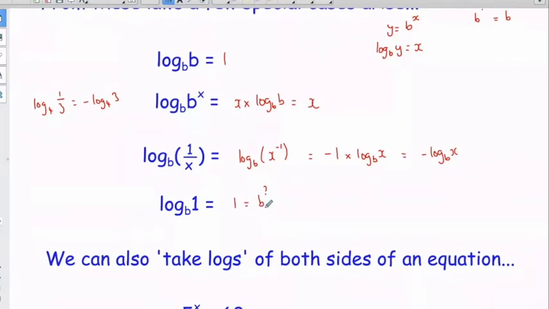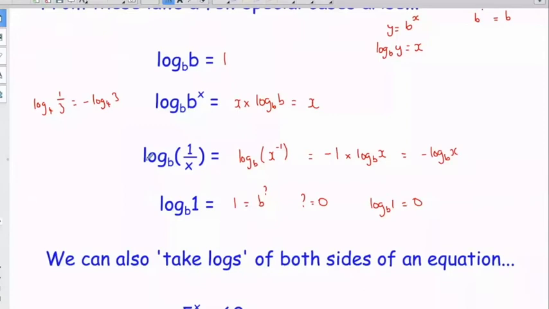When we are raising something to a power, and that's when that power is equal to 0, which means that log to the base b of 1 is 0. And that's true for any value of b. So if you ever log 1, no matter what the base is, the answer is always 0.